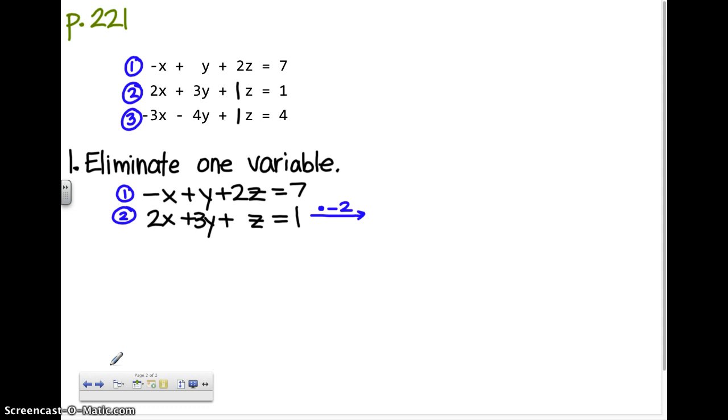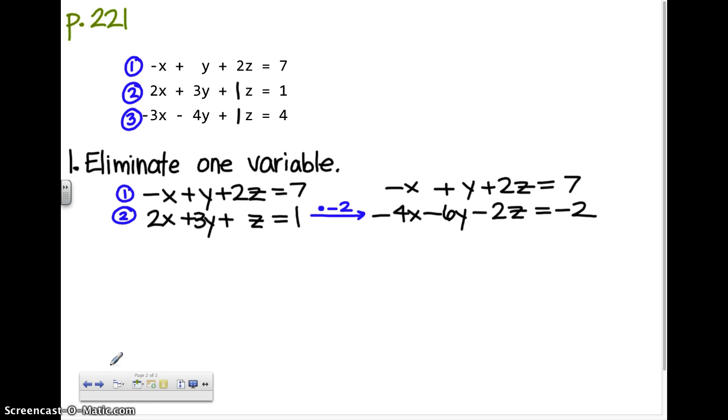Because now I get negative 4x minus 6y minus 2z equals negative 2. Okay, so I just took these 2 equations and I decided I was trying to get rid of z. The top one's just going to come over as is. Don't need to change that. That already has a positive 2z that matches with my now made negative 2z.